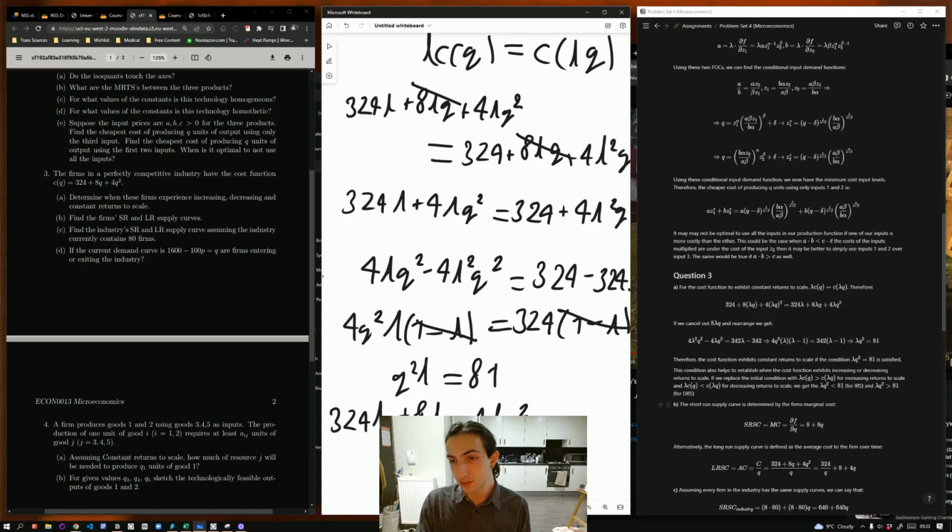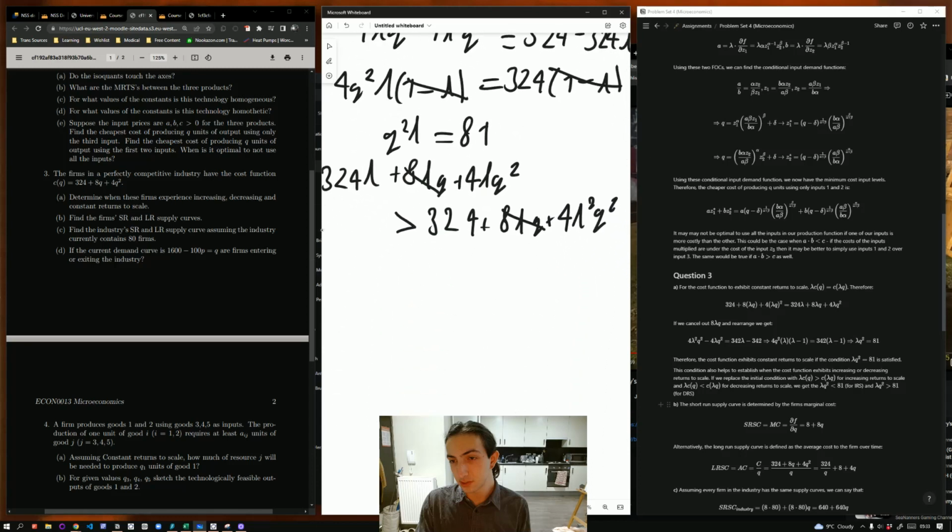Okay, first of all, it can't be an equality there. It has to be larger than 324 plus 8 lambda q plus 4 q squared lambda. Same thing, moving it over.